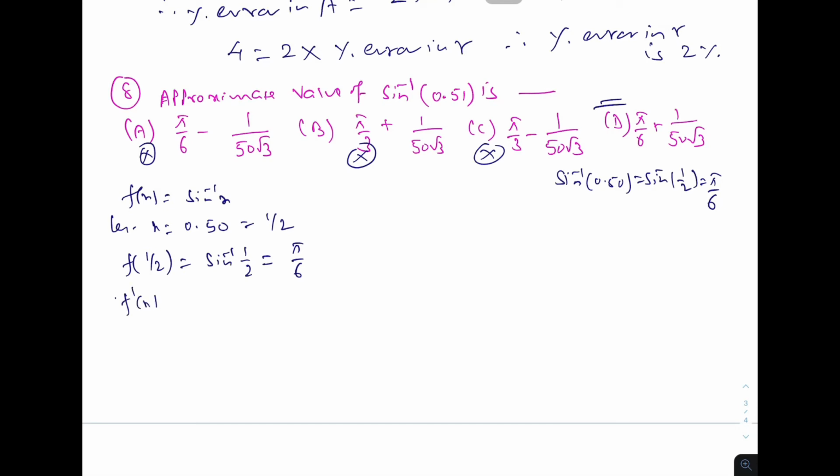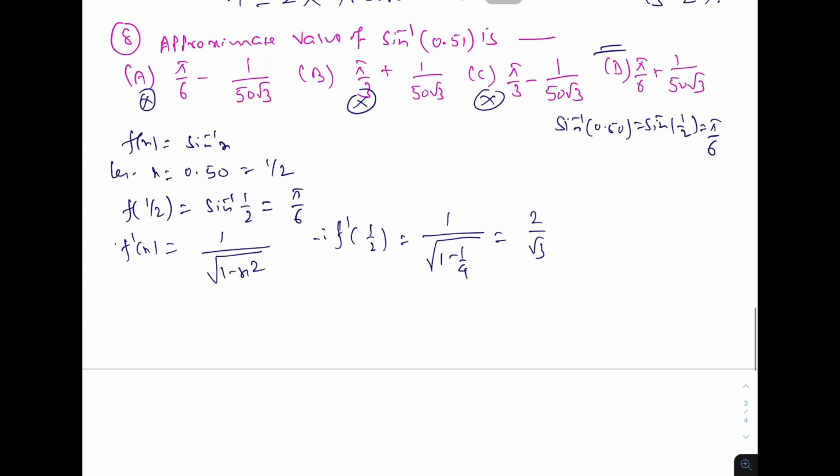Next is f dash x. f dash x is 1 over root 1 minus x square, and therefore f dash 1 by 2 equals 1 over root 1 minus 1 by 4, and so this is equal to 2 by root 3.